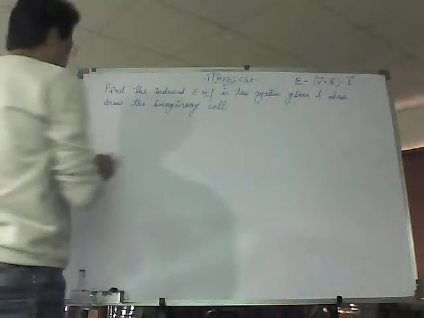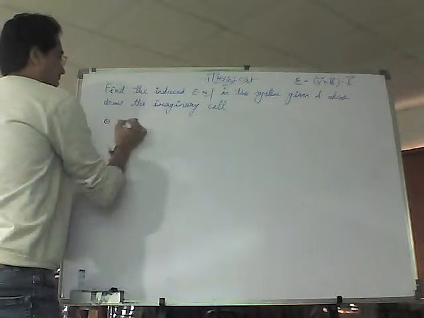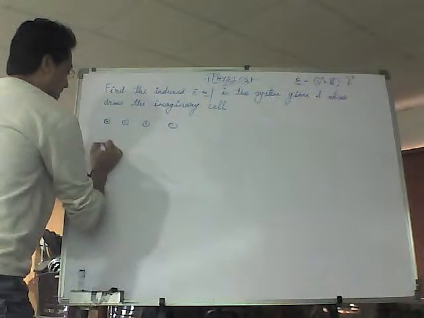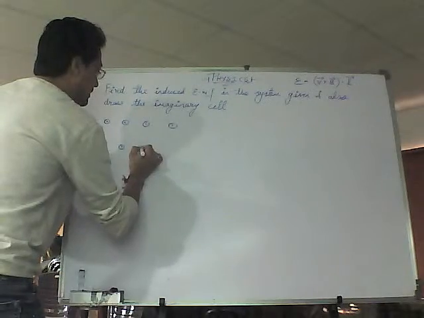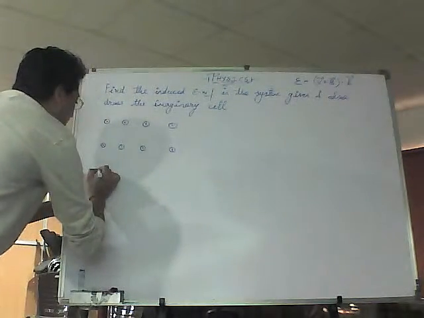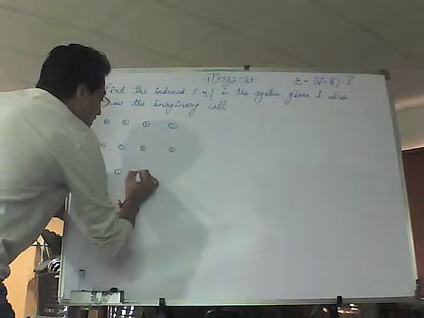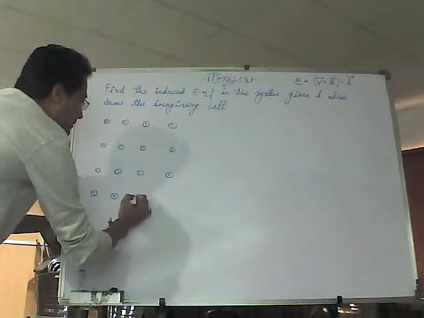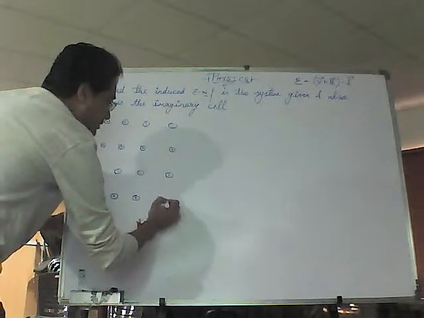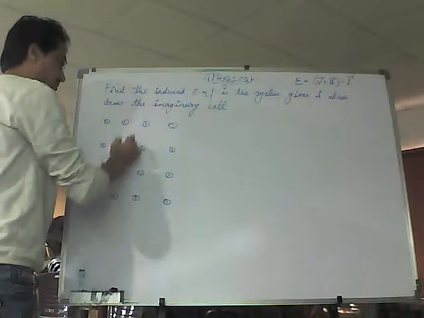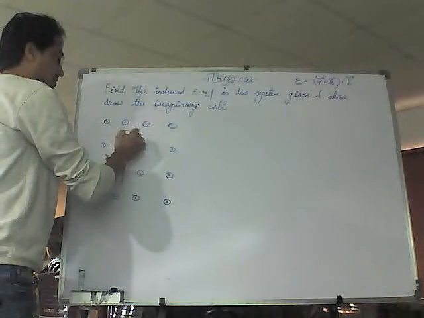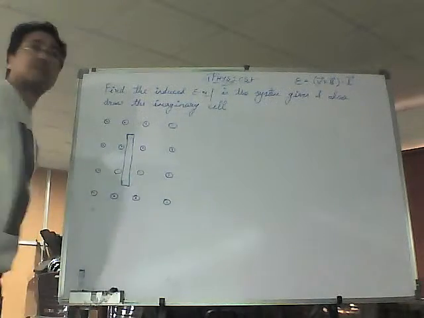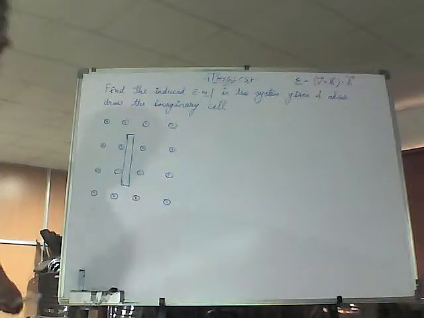And now the question is, this time the field is outwards. This time the field is in the outward direction, okay? Outwards. And this time our rod is placed like this, and it is being moved.